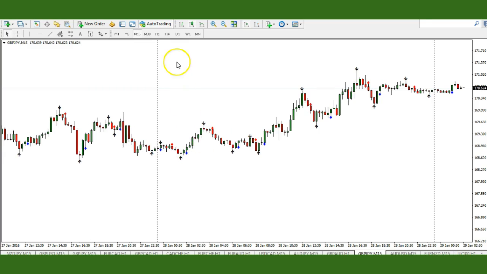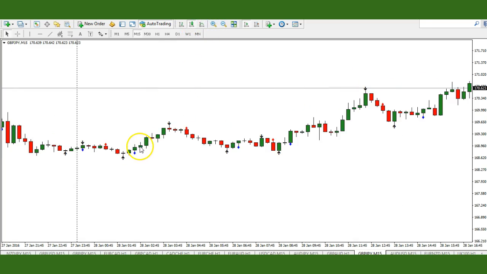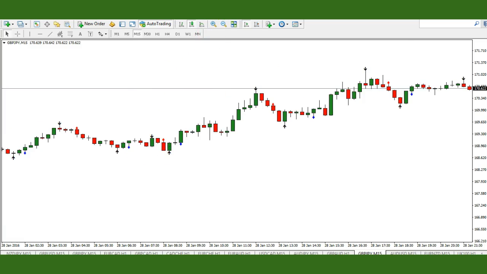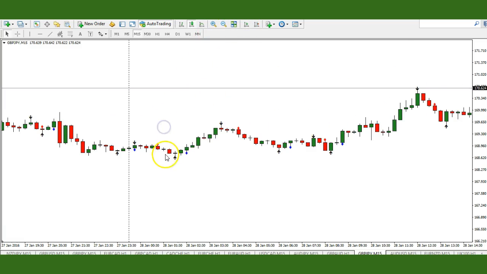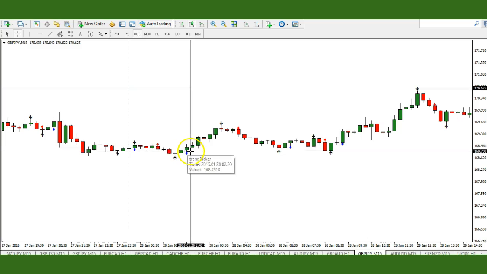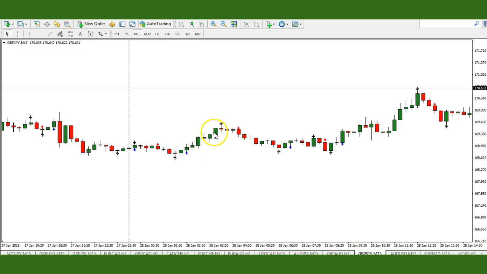The entry, let me make this a little bit bigger. The entry was this candle here. There's the alert. And I was asked, how long do you stay in these trades? Well, this went up about 75 pips in just 2 hours.